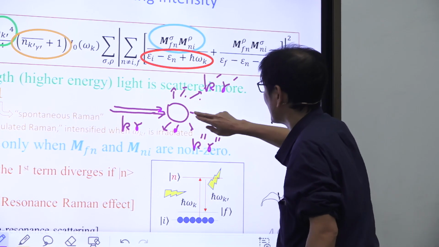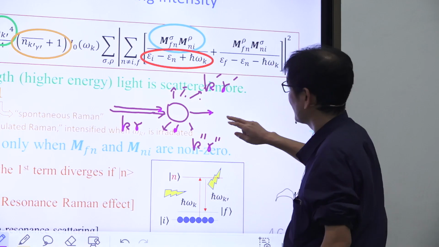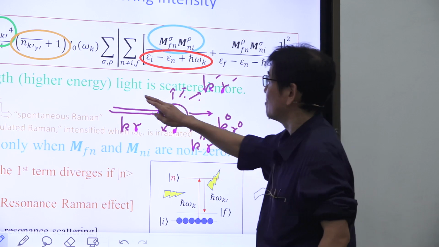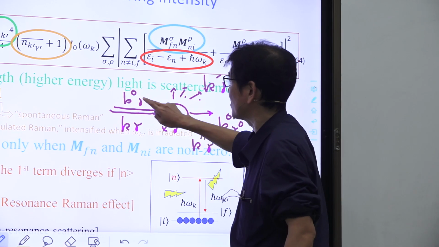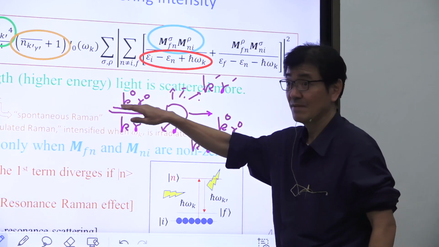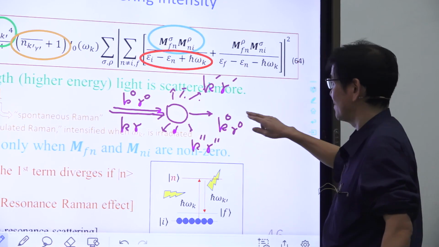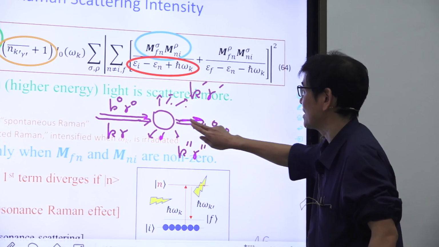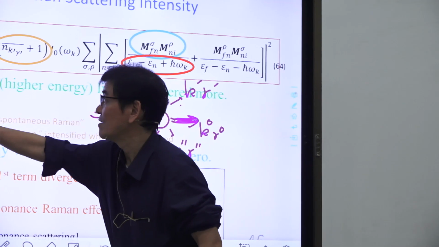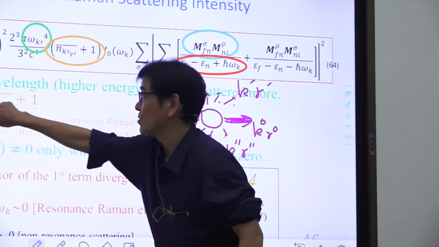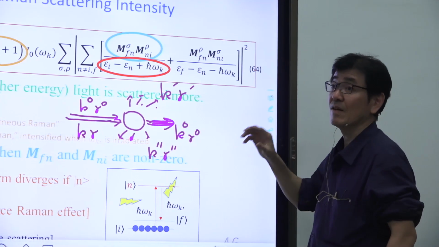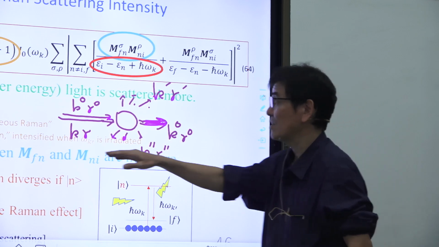And some component goes forward, so let's say K circle, gamma circle. By preparing K circle, gamma circle in the experimental setup and introducing this light, the scattering becomes intensified. So by preparing some photons that correspond to the Raman scattering wavelengths, we can intensify the Raman signal. That is stimulated Raman.